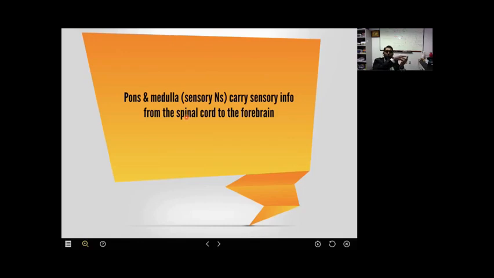Eventually that is sent to the forebrain by going through another structure between the midbrain and thalamus, and we'll talk about that in a second. Just remember, in the pons and medulla, there is a thick crisscross of sensory fibers carrying information from all but one sense organ. Eventually, that information is brought to the thalamus.